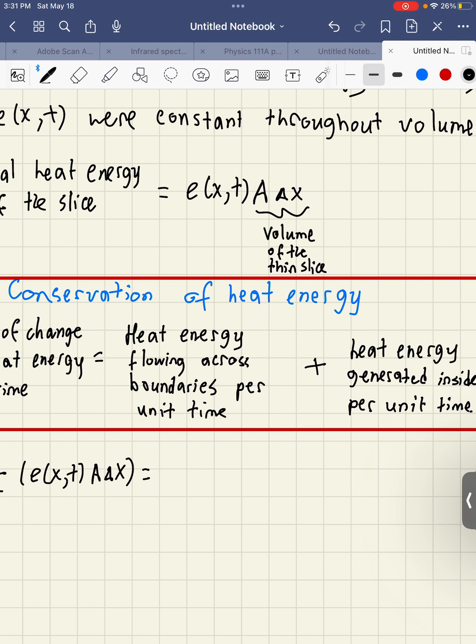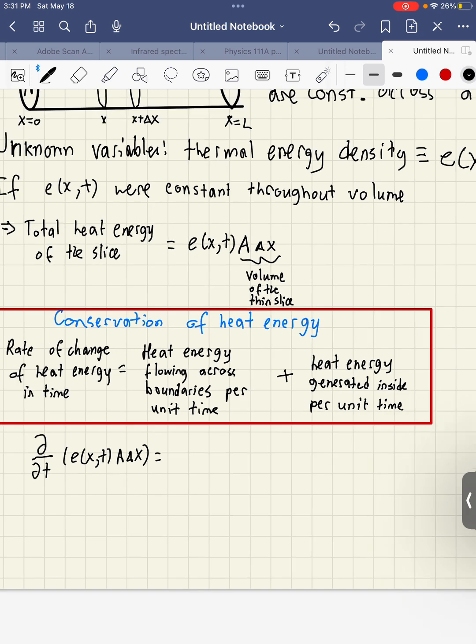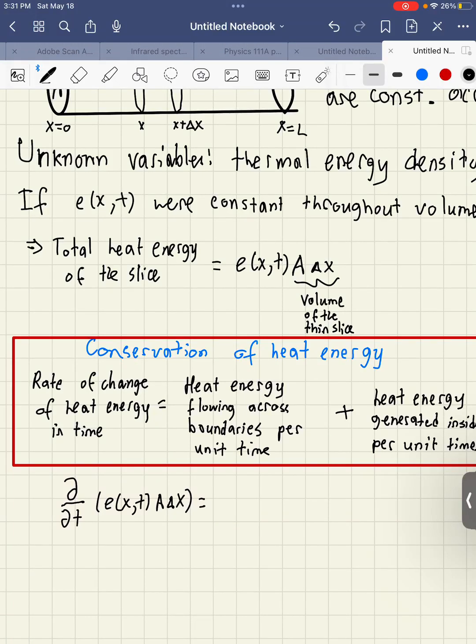Now let's talk about our second concept, the heat energy flowing per unit of time across the boundaries. Mathematically, and also in physics, anything that flows across a certain cross-section we call a flux. We have an electric field flux, we have a magnetic field flux. Now we are talking about the thermal energy flux, or heat energy flux.